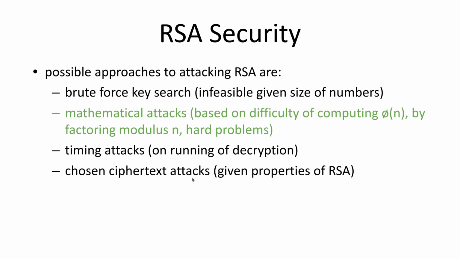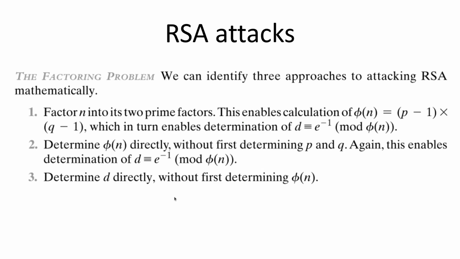That means we can give specific messages and use the ciphertext and the message to find out whether the RSA properties, e and d, can be found out. Now all of these are possible approaches, but none of them have been successfully used. Now we are looking at the mathematical approaches only.